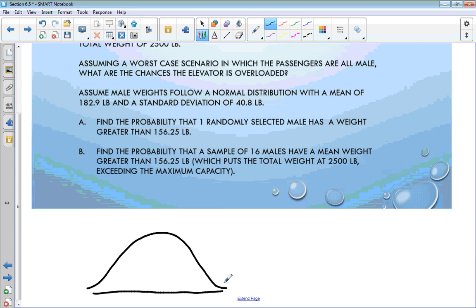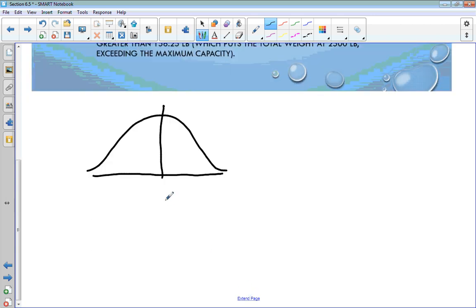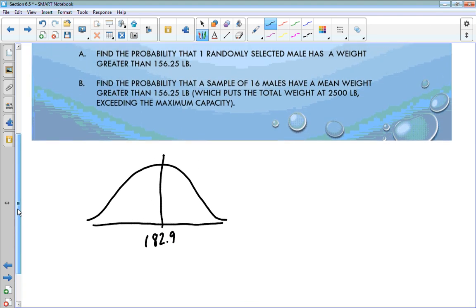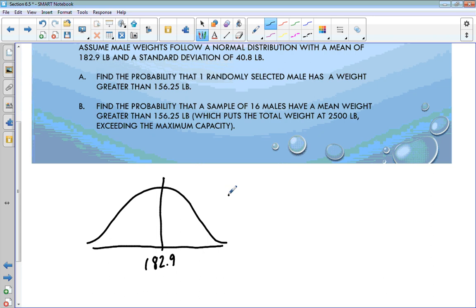Normally distributed weights. It says that the male has a mean weight of 182.9, so 182.9. And the standard deviation is 40.8 pounds. Now, I want to know what is the probability that one randomly selected male has a weight greater than 156.25 pounds.